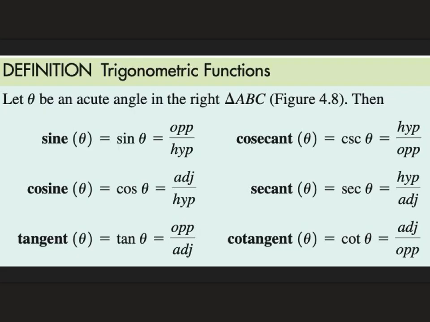Okay, so now here are your 6 trig functions if you're looking at a right triangle. So the first thing you got to do is pick the angle. If I draw an angle and I put it there, then the opposite side obviously is going to be the blue one.